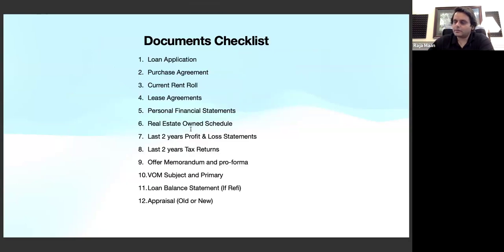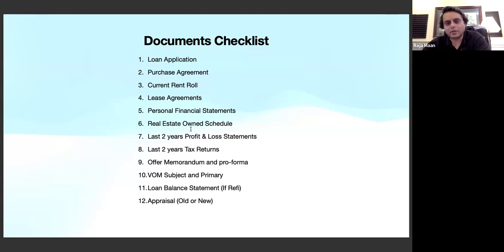All right. About to end. This is a document checklist: loan application, very normal. Purchase agreement, if it's a purchase, current rent roll, lease agreements, personal financial statements, real estate owned schedule, whatever property they have owned in the past or own right now, how much mortgage is pending or balance on it, which will give us all the information about your real estate experience.